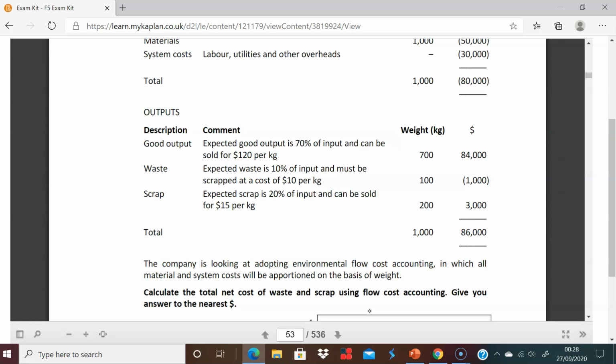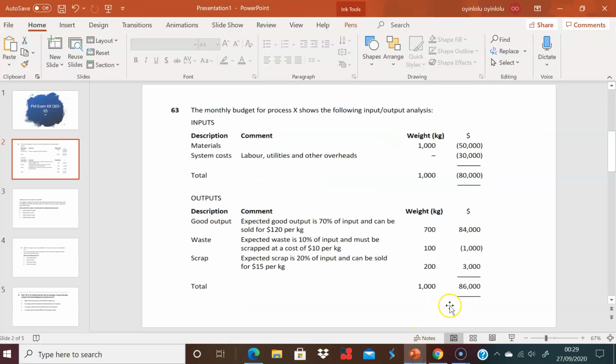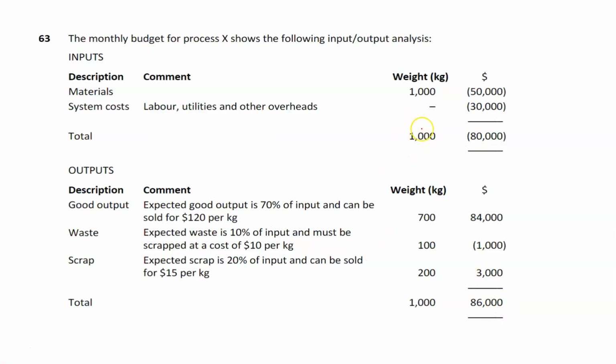We don't actually see any of these in the textbook, but it's good to see what's going on. So since I have 80,000 divided by 1,000, that's 80 pounds per kilogram, and I know I have 300 kilograms of waste.